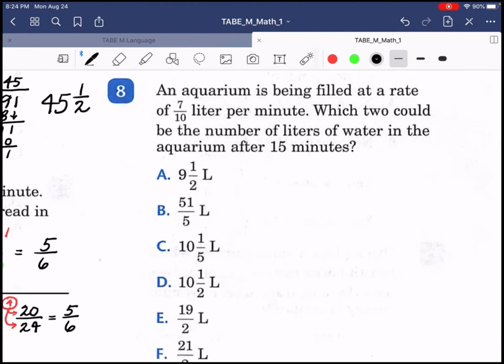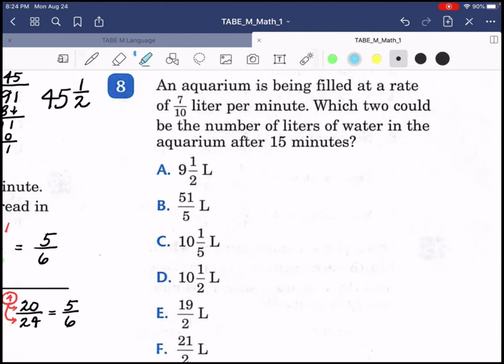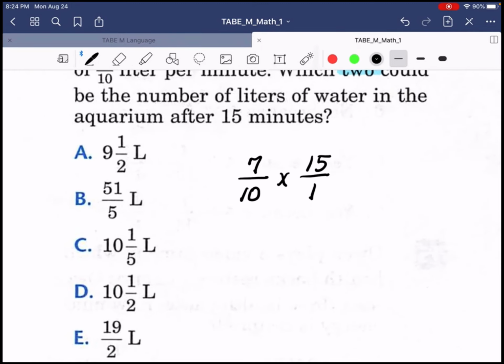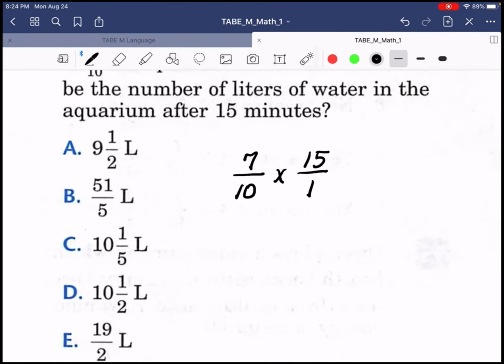So we're taking the rate for 1 minute and duplicating it 15 times. But we're supposed to choose two expressions. So 7/10 times 15 over 1. You can cancel the 10 and 15 by 5.